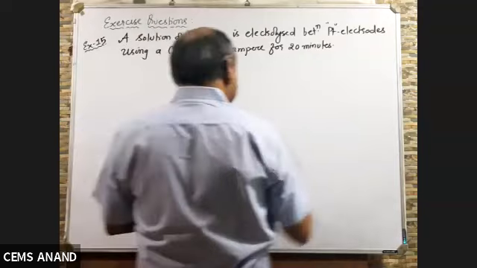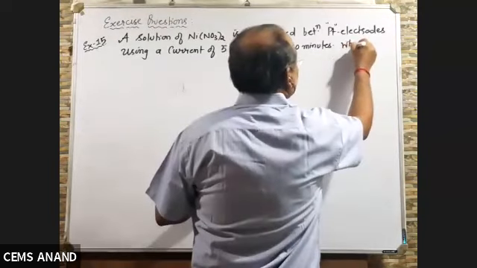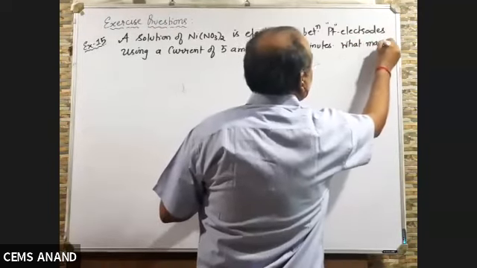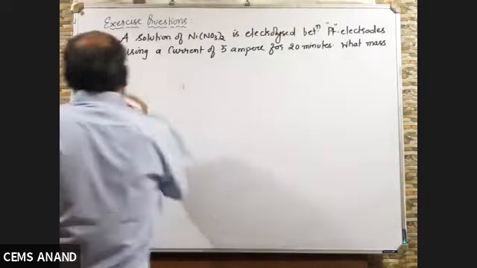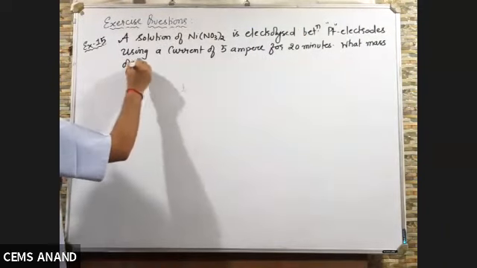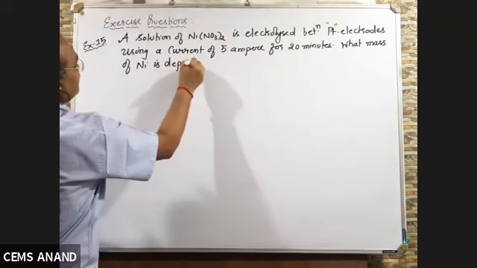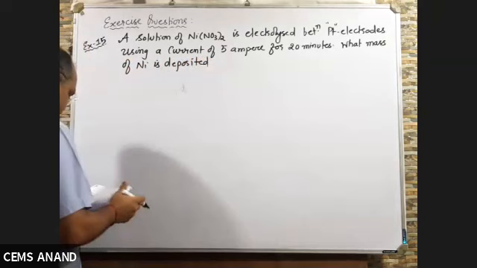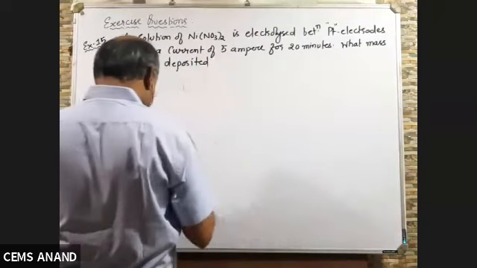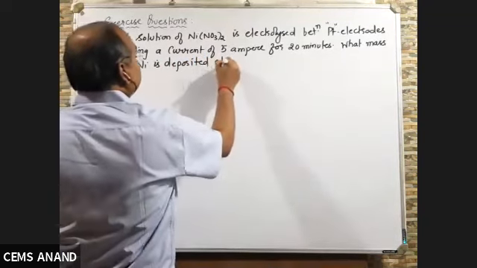What mass of nickel is deposited at cathode?